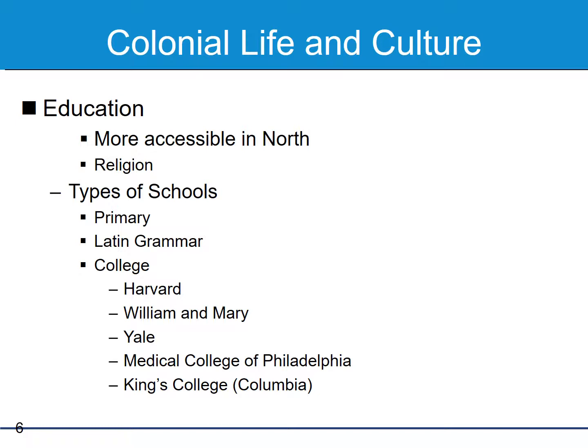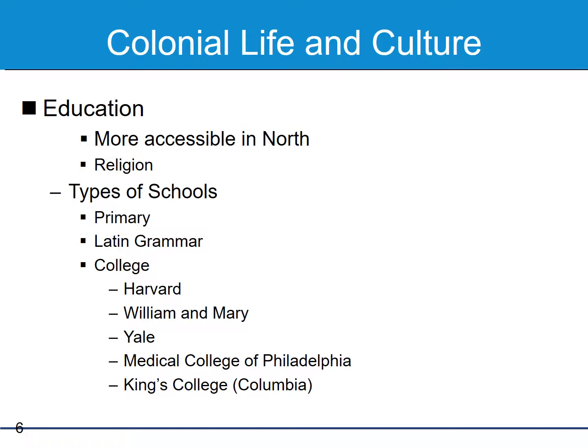Then we do have colleges in the colonies. The first college that was established in the English colonies was Harvard. Harvard was established primarily as a way to train Puritan ministers in Massachusetts. It was established in 1636, so very early on in the colonial period.